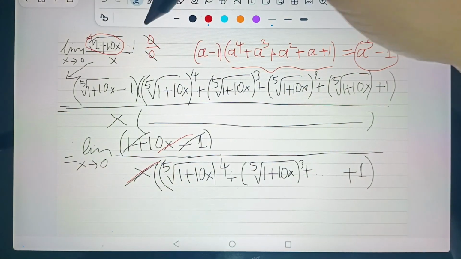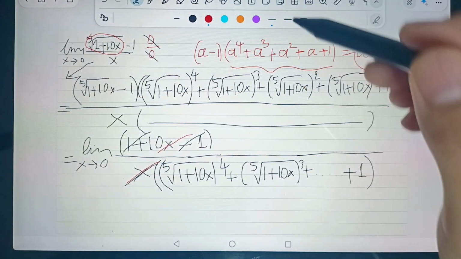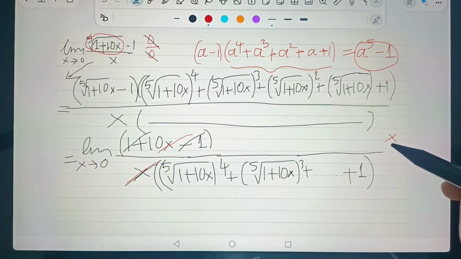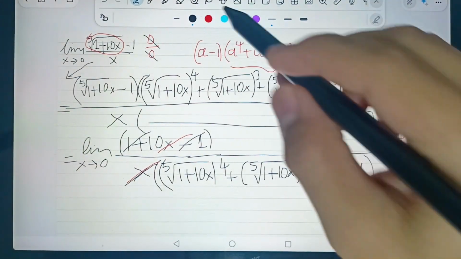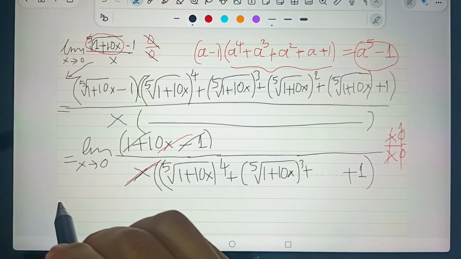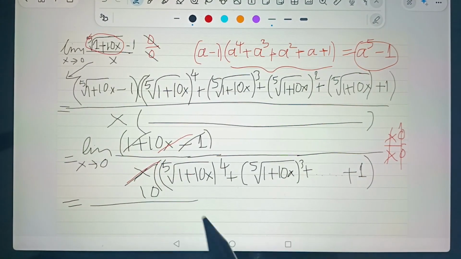Like I said earlier, we have already cancelled x over x, which was responsible for the value 0 divided by 0. So now we can try substituting x equal to 0 into the remaining expression. The top part becomes just 10 divided by this section.